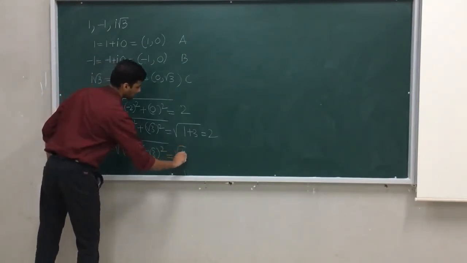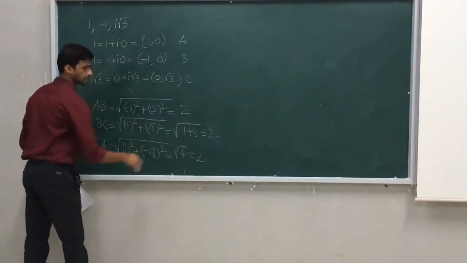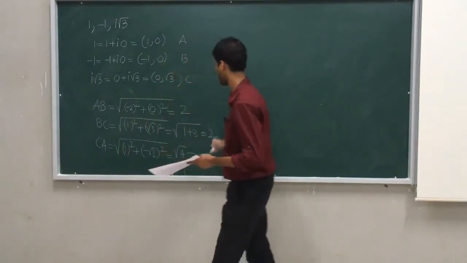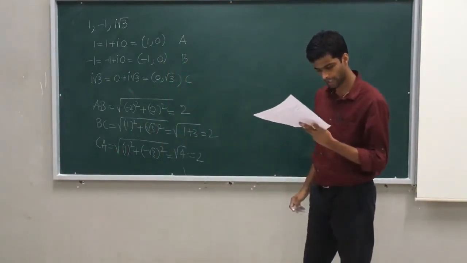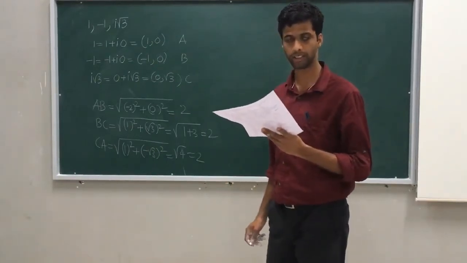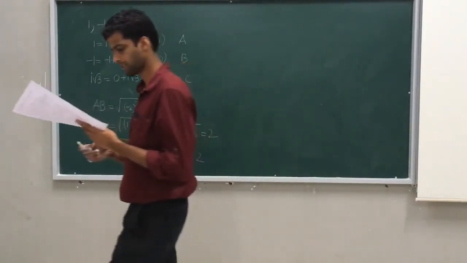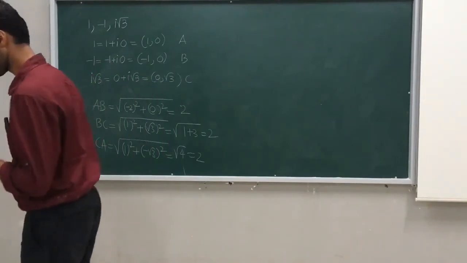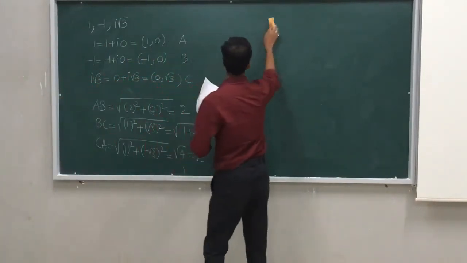Again its answer is root 4, 2. All 3 sides are equal with the same measurement, 2 to 2. Therefore it gives me an equilateral triangle. So therefore option A is the right answer for this particular question. We'll move on to the next question.